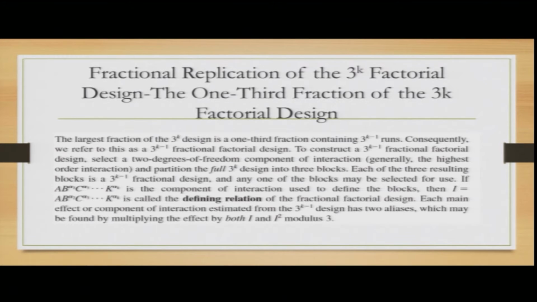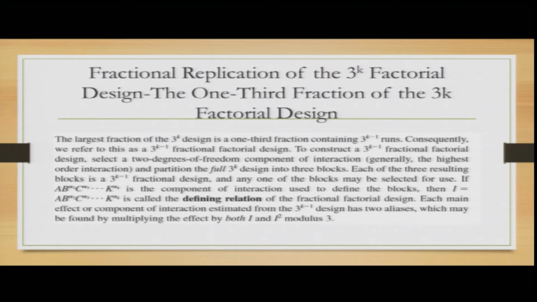So, if it is AB to the power alpha 2, C to the power alpha 3, obviously A to the power alpha 1 where alpha 1 is 1, and the last one is K to the power alpha k, this is the component of interaction, and using this we define the block. Then the indicator factor, I will not use the word variable, would be given as AB to the power alpha 2, C to the power alpha 3, till K to the power alpha k, and it is called the defining relationship of the fractional factorial design.